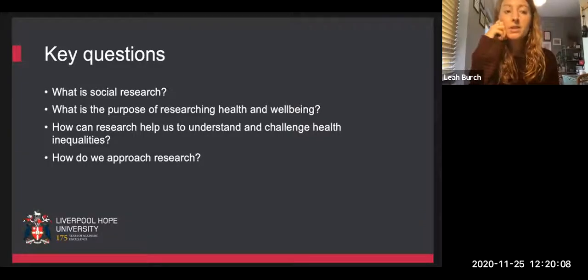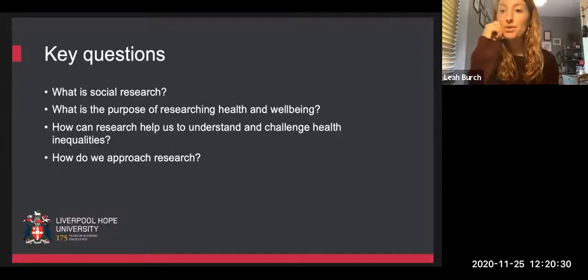So some of the key questions that we're going to be thinking about. A broad question that can really get us thinking is, what is social research? So it's important to think about the role of social research, what it can offer, and what really counts as social research.